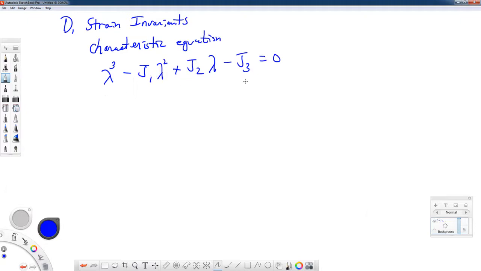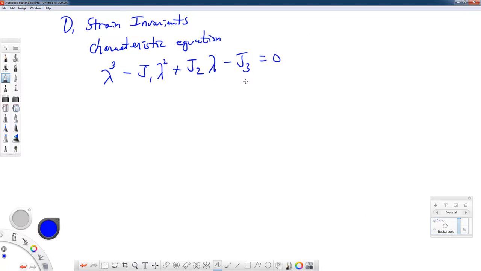In this characteristic equation, since we need to end up with the exact same eigenvalues no matter what coordinate system we start with, these coefficients are going to have to be invariant to coordinate transformation. In fact, one of the properties of tensors is that second-order tensors have 3 invariants.